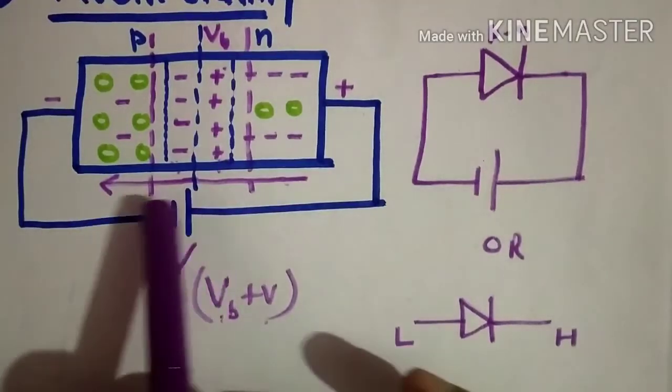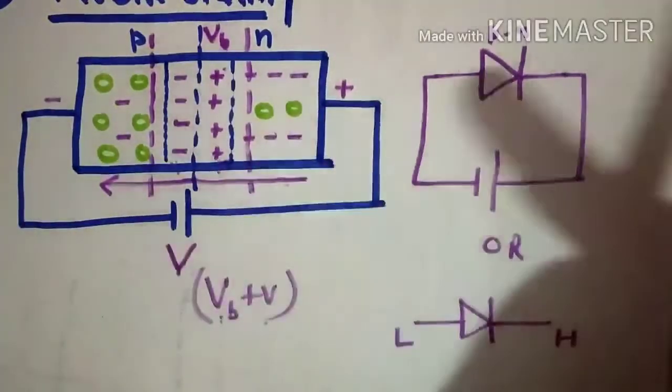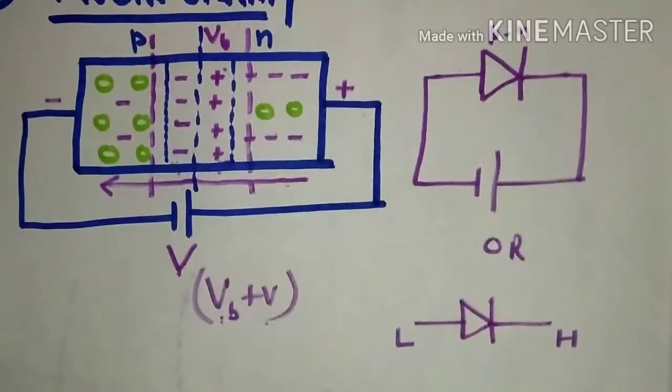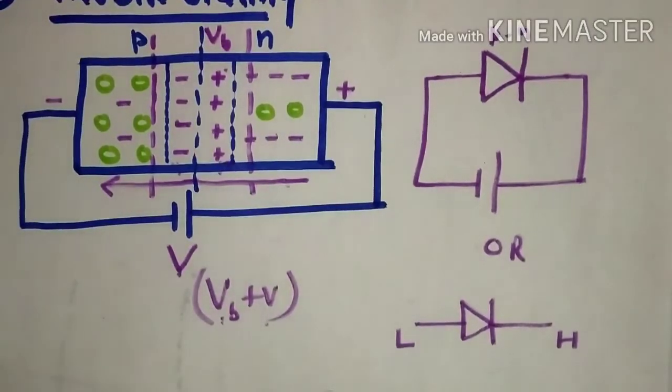That reverse voltage, where the covalent bonds are broken and a large number of electron-hole pairs are generated in both regions, is known as the breakdown voltage.